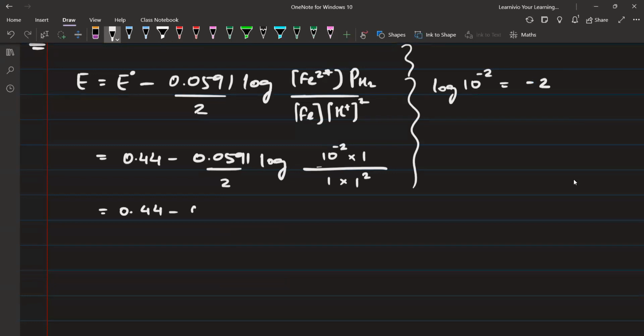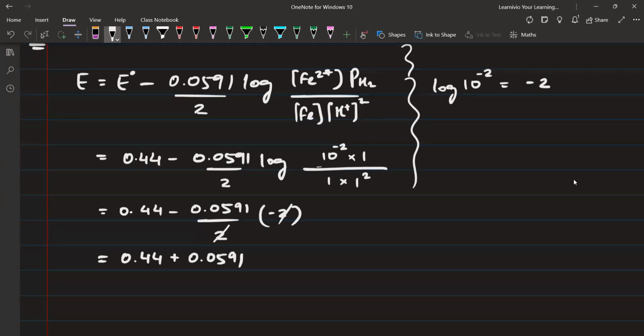0.44 minus 0.0591 divided by 2 multiplied by -2. So 2 and 2 will get cancelled. Minus and minus will become positive, and you will get the answer as 0.44 plus 0.0591, which will be equal to 1.49 as it is. 4 plus 5 will be 9, and then 4.